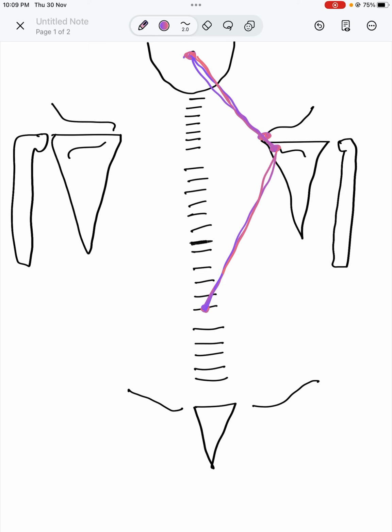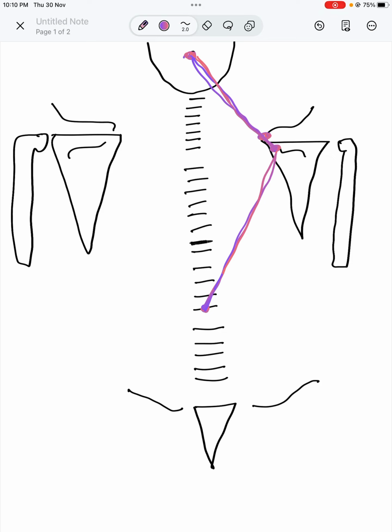For latissimus dorsi, the attachment point is a little bit trickier. Why? Because the attachment is actually from your lumbar triangle, okay? The lumbar triangle has a fascia, the lumbar fascia, and it also starts from the lumbar fascia. So that's why it's a bit tricky, but in this diagram we do not take any of the tricky parts, we just take the proper information, okay?